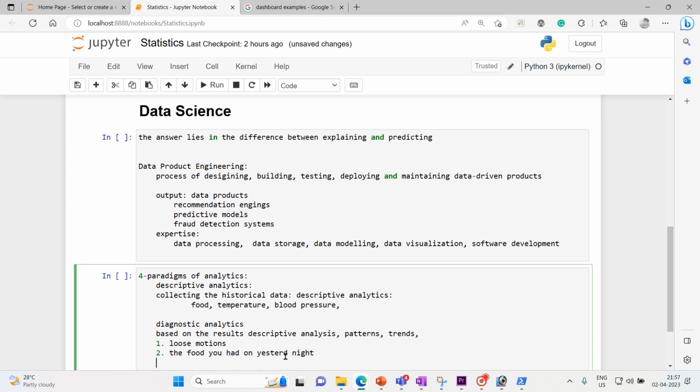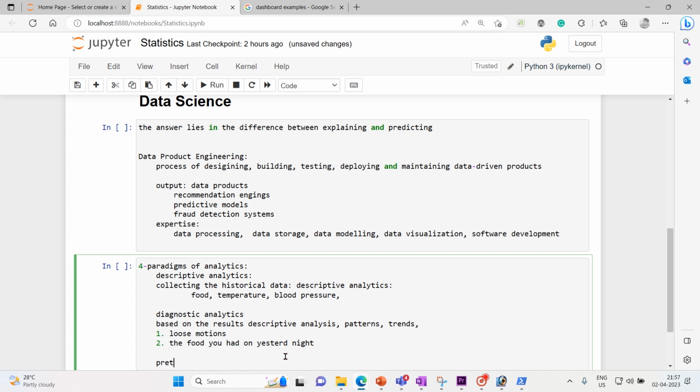And once the diagnosis is done, then we can go for predictive analytics.